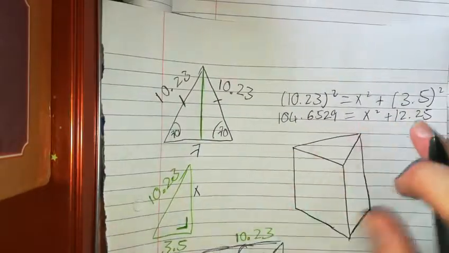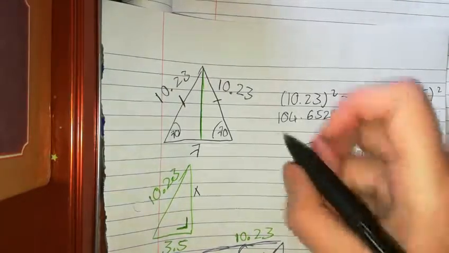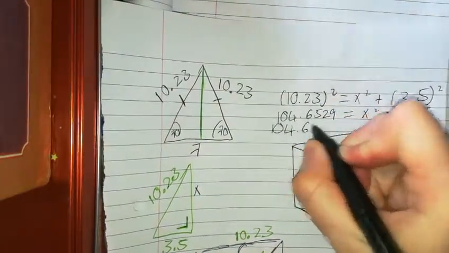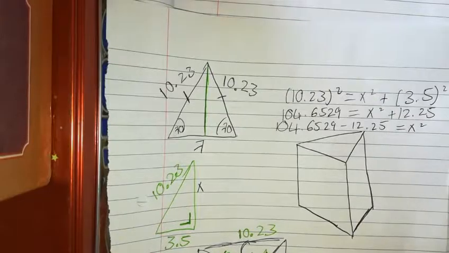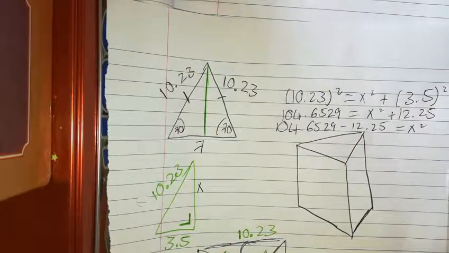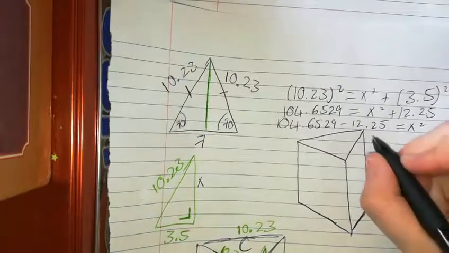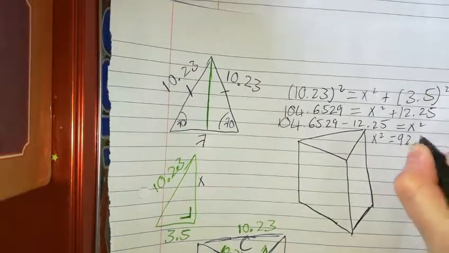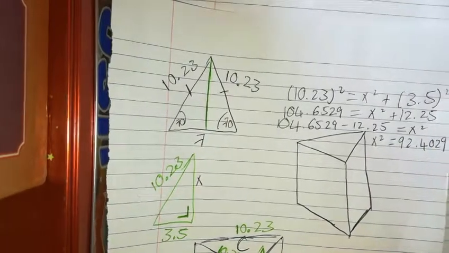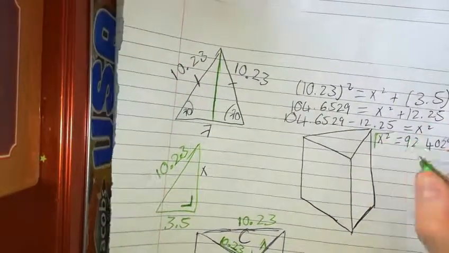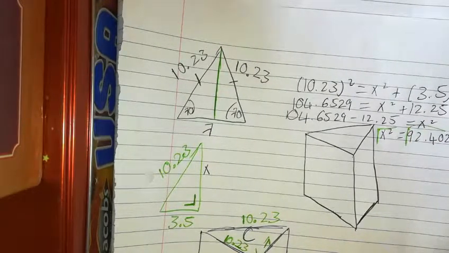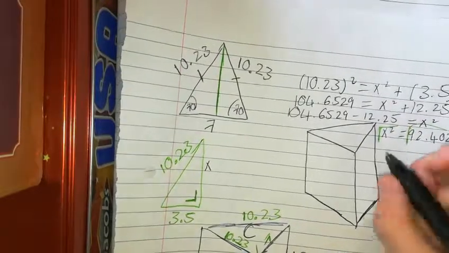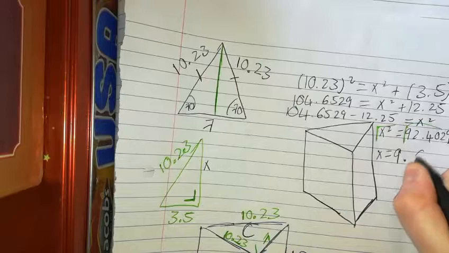To get x by itself, I minus 12.25 from both sides: 104.6529 minus 12.25 is equal to x squared, which gives 92.4029. Then I take the square root of both sides, and x is equal to 9.61. I'll leave it correct to 2 decimal places.